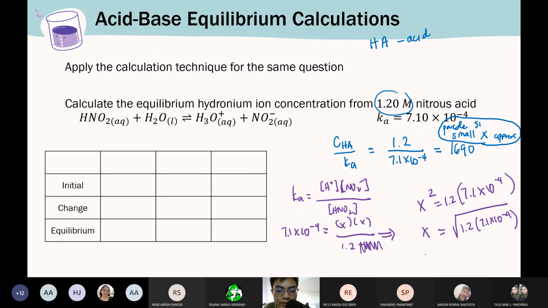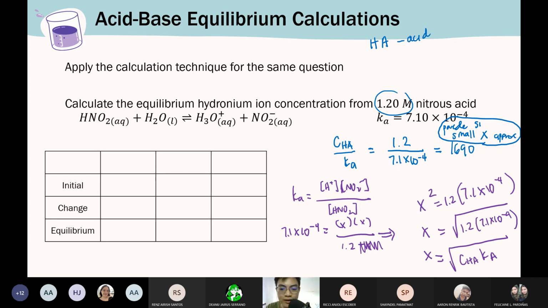Para mas madali nyo makabisado, x is square root of 1.2, that's the concentration of your acid, times the Ka. So, to find the x lang pala, you just need to get the square root of tsaka. Okay? Yun yung pinaka-shortcut natin.